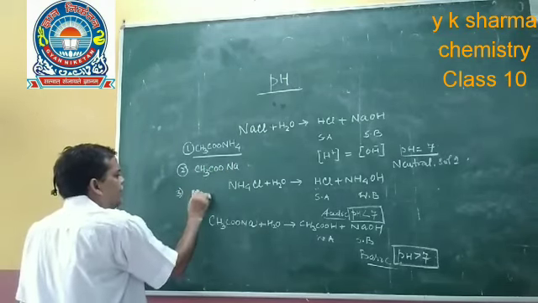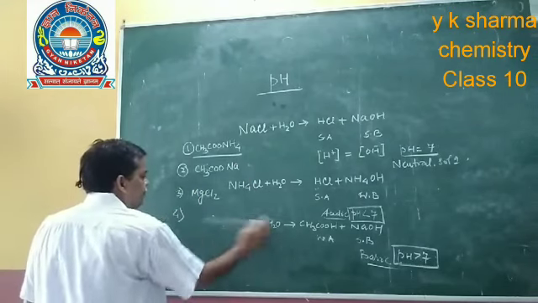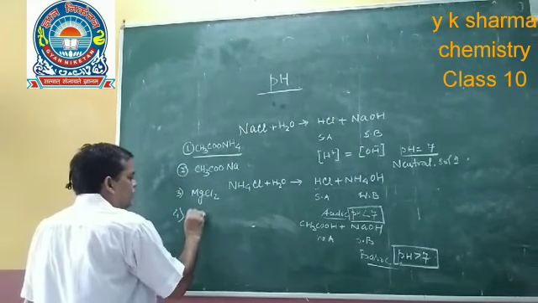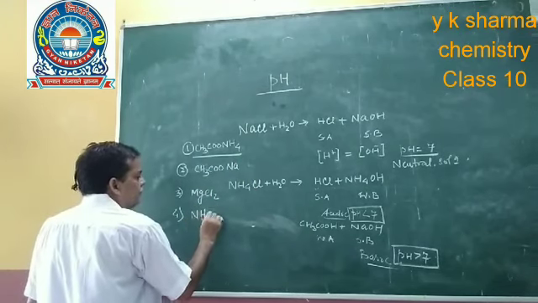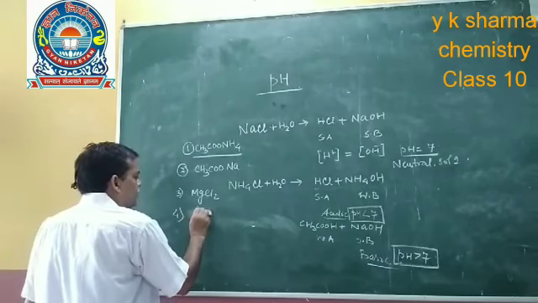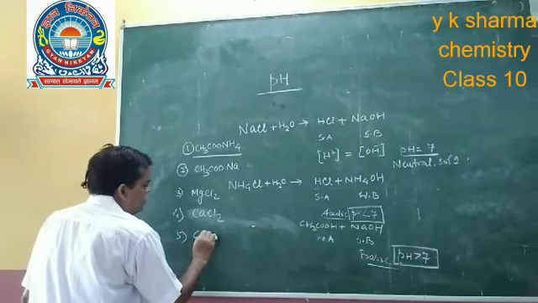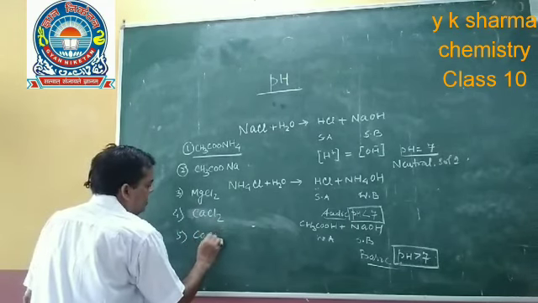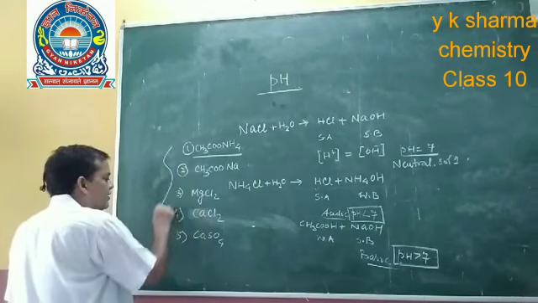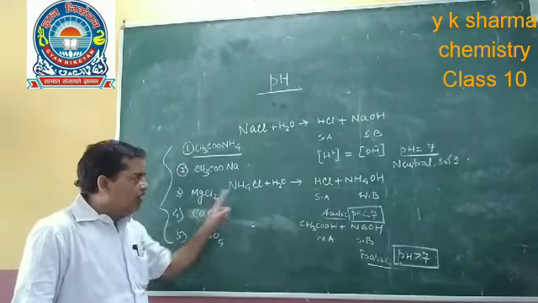Another is MgCl2. Fourth is ammonium chloride, or you can write CaCl2. Fifth is CaSO4. These are the salt solutions you have to identify on the basis of pH.